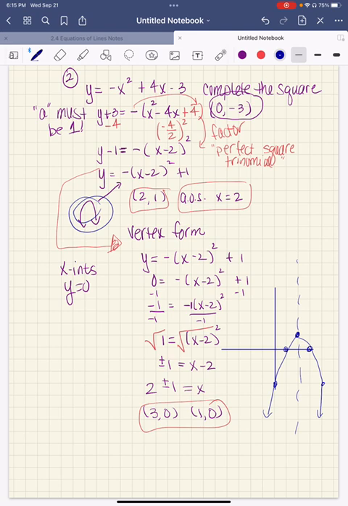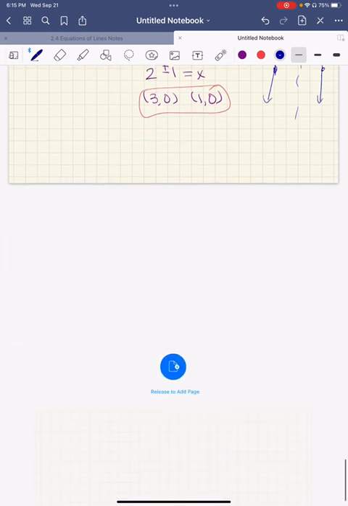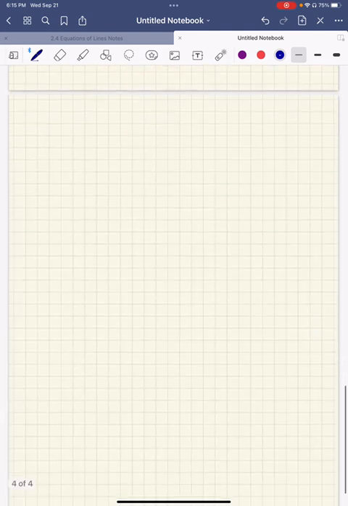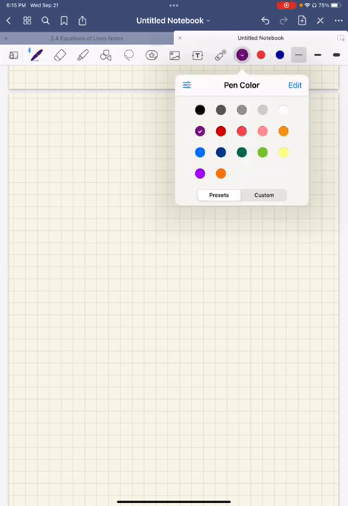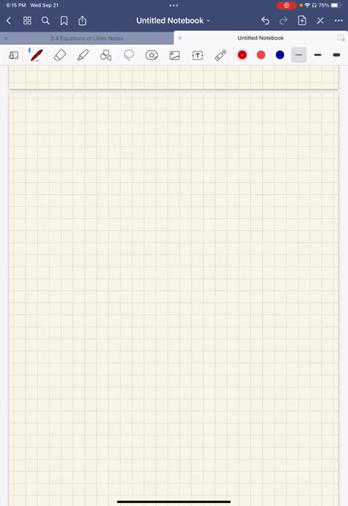Okay, let's review the discriminant. And then we're going to talk about working backwards and finding an equation given points. So the discriminant, b squared minus 4ac. Greater than 0, 2 x-intercepts.